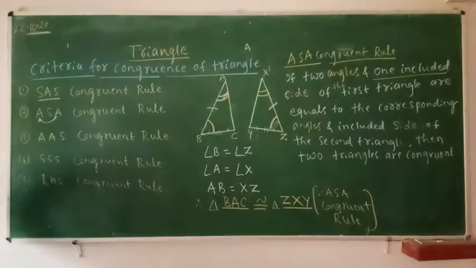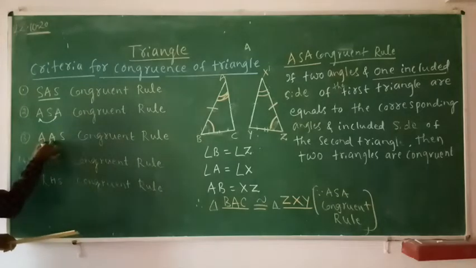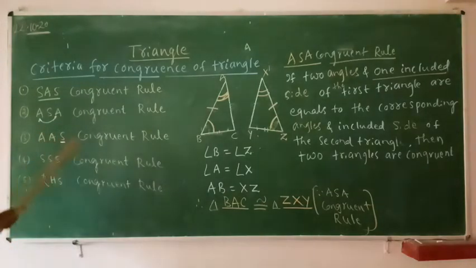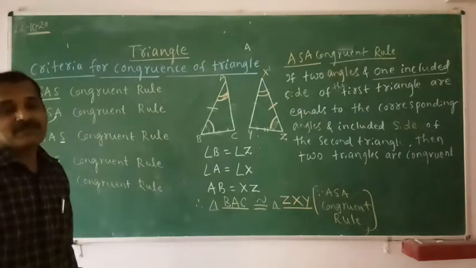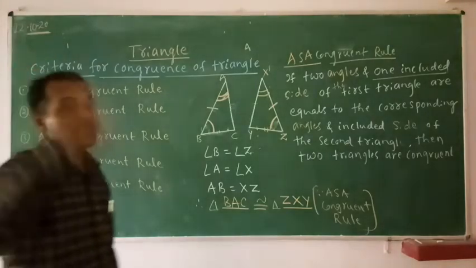But this S is away from there. It is not inside the two angles, it is outside, away from the two angles. So this is called a non-included side. My dear children, this is called an included side and this is called a non-included side.